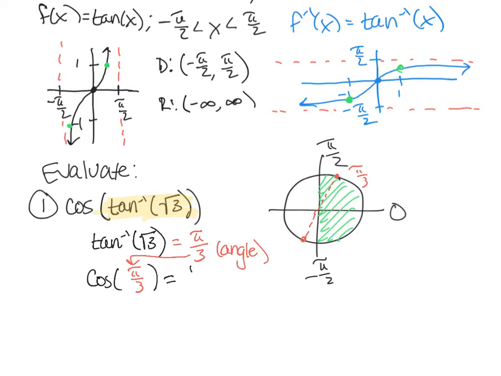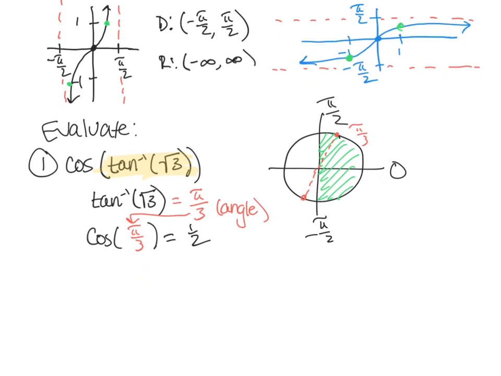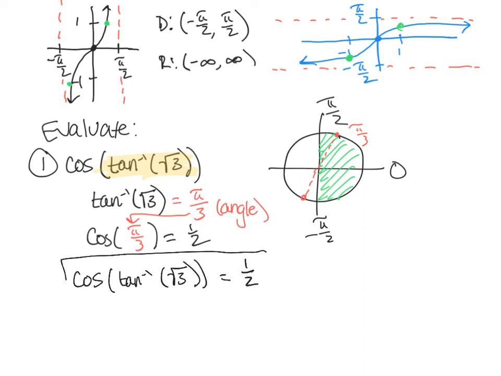Oh, that's 1/2. So that's it. Again, only one answer. And when I want your final answer, please rewrite the question. It just helps me follow your work. And this is what we're looking for.